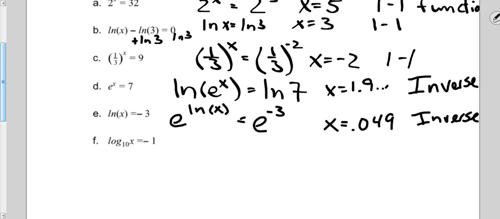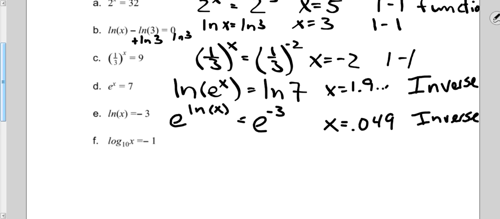Now, I got log base 10 of x equals -1. How do I undo that? What's the inverse of log base 10? 10 to the whatever, right?